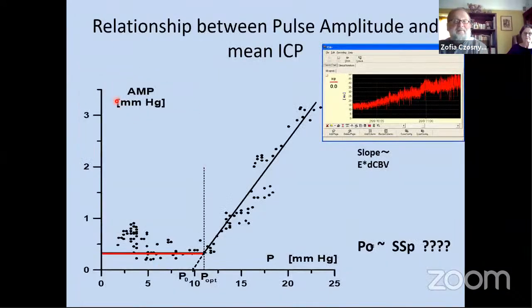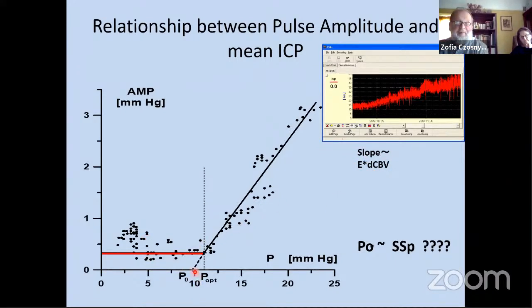We call the amplitude of this pulsatile component AMP, and below the same P-opt, we see that amplitude is not changing with mean intracranial pressure, but above it is changing proportionally to mean intracranial pressure. The slope of this amplitude pressure line is equal to elasticity times stroke volume of the blood going to the brain.